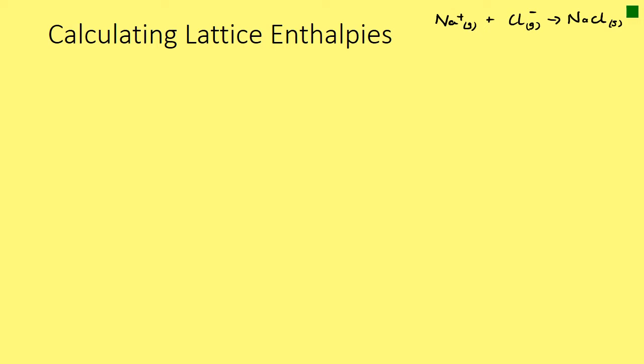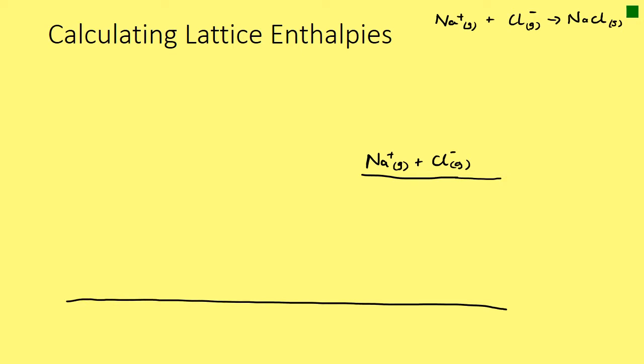And a Born Haber cycle uses energy levels, where this particular level, for example, we're going to say is the energy level of sodium ions in the gaseous state and chloride ions in the gaseous state. And we're going to say that sodium chloride is on an energy level down here.